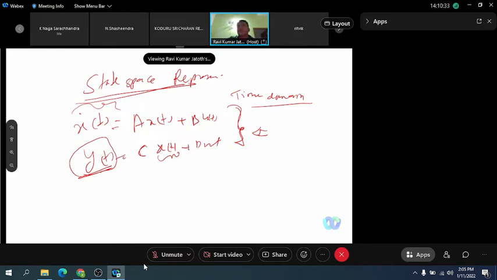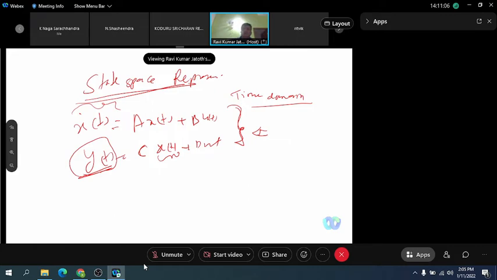The moment the system is available in the form of matrices, there are many softwares available like MATLAB, which stands for Matrix Laboratory, which easily analyzes the system and gives the response instantaneously. That is one advantage of state space representation. More in detail is what we are going to see in coming classes.